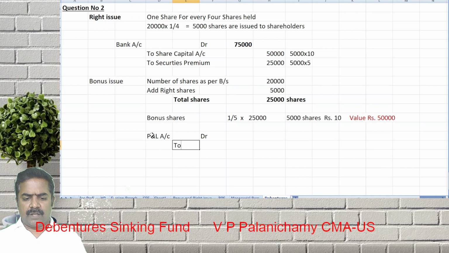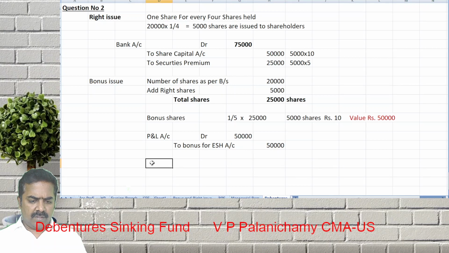Profit and loss account debit to bonus for equity shareholders account. What is the value of bonus issue? 50,000. Then bonus for equity shareholders account debit, 50,000 to equity share capital.